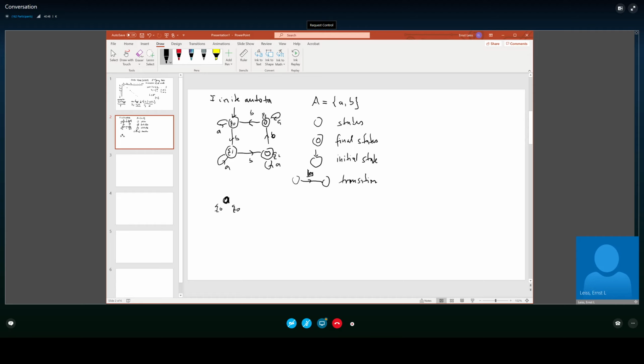Then if I have a B, that gets me from Q0 to Q1. And if I have another B, then I go from Q1 to Q2. If this is the entire word, then I end up in Q2, and since Q2 is a final state, that word is accepted.